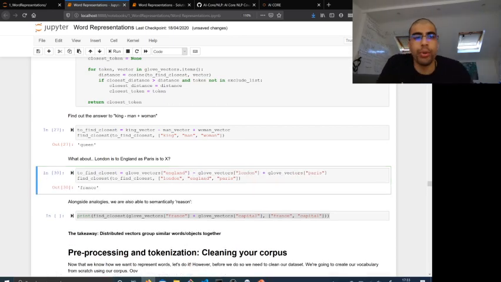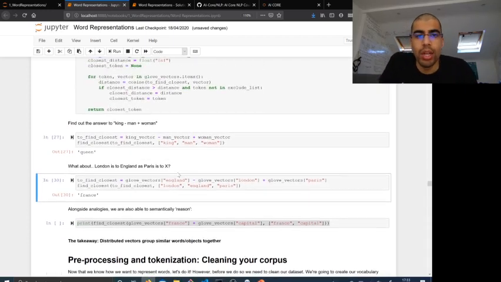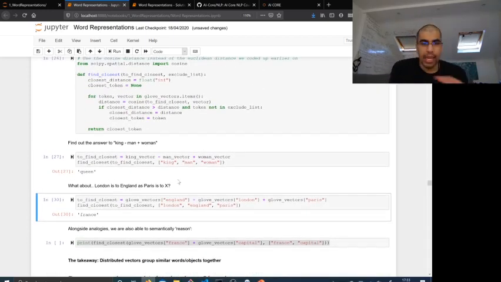France. Okay. So this actually brings me to a good point, which is that this kind of addition and algebra that we're doing using these word embeddings is not an exact science.